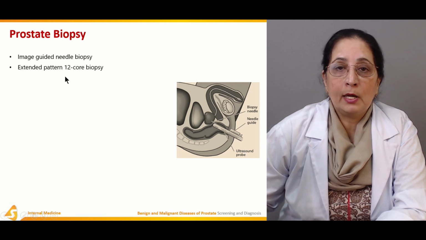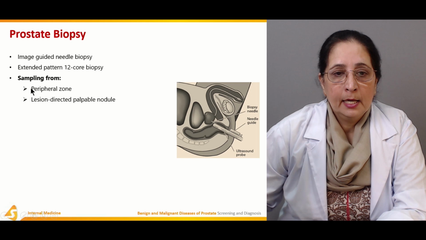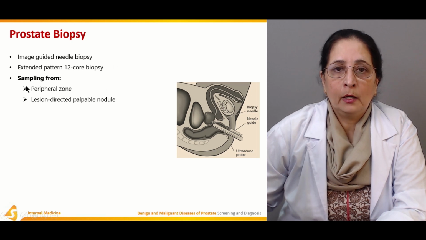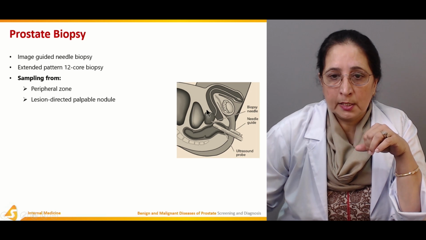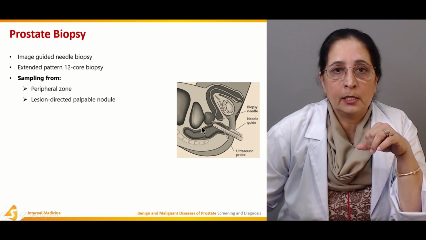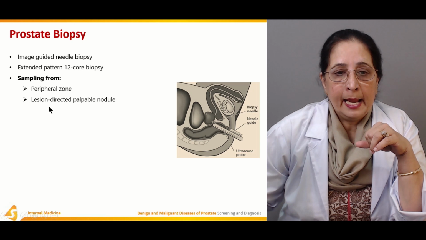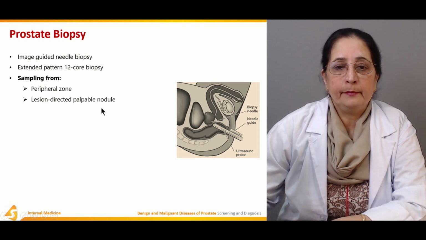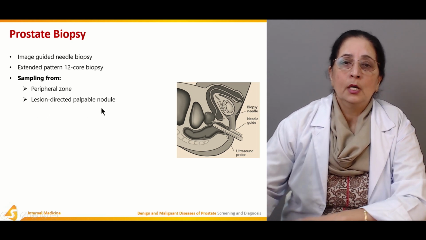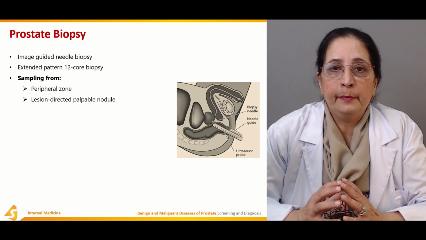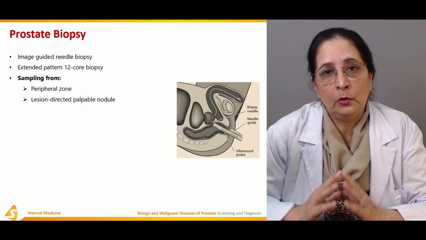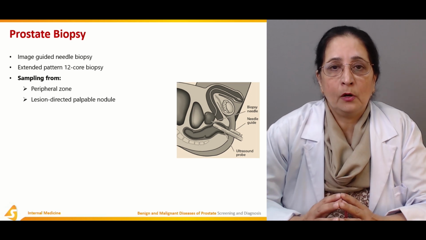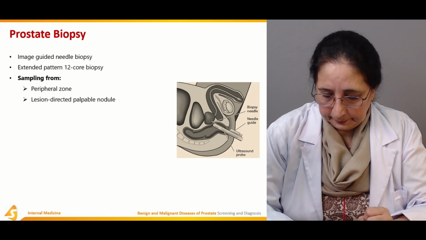Extended pattern 12-core biopsy: sampling is obtained from the peripheral zone, the surrounding zone. You can see the peripheral sides of the prostate and the lesion-directed palpable nodule. So if there is any palpable nodule present, the lesion-directed palpable nodule is the site for getting the sample.